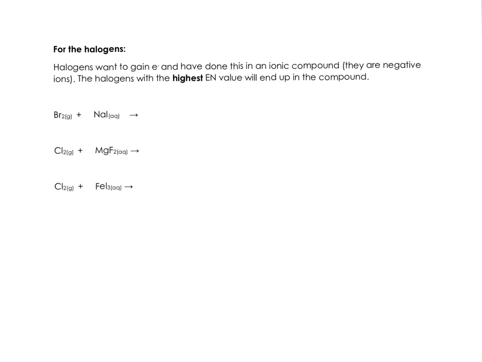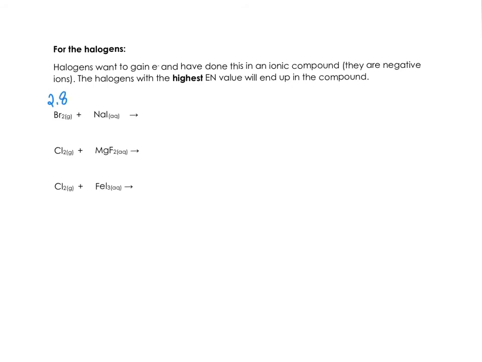Okay, for the halogens. Because the halogens want to gain electrons, they want to become negative ions, we're going to be looking at the halogen with the highest electronegativity value. And that one will be the one that ends up in the compound. So we're going to have to get our electronegativity values again. So we're going to look at bromine. Bromine's electronegativity value is 2.8.